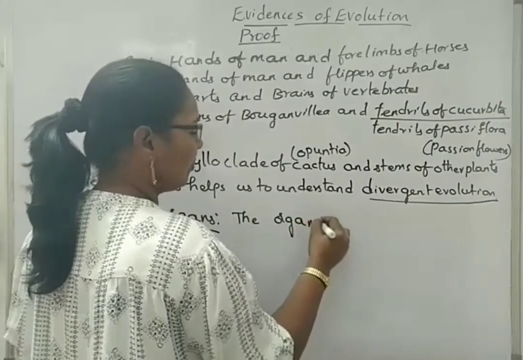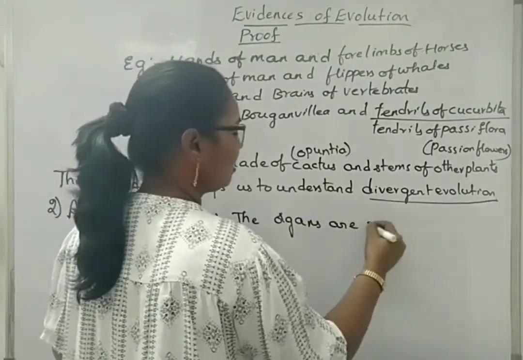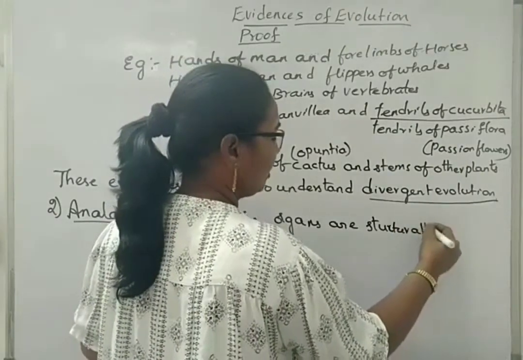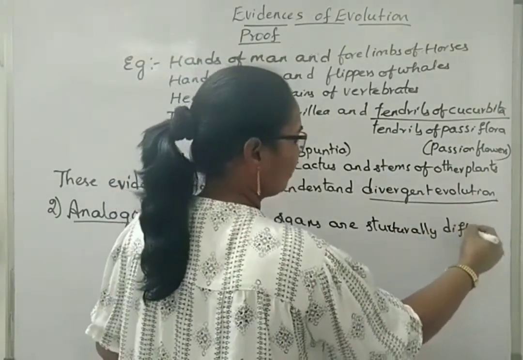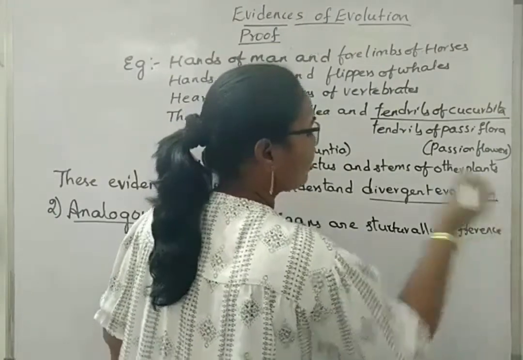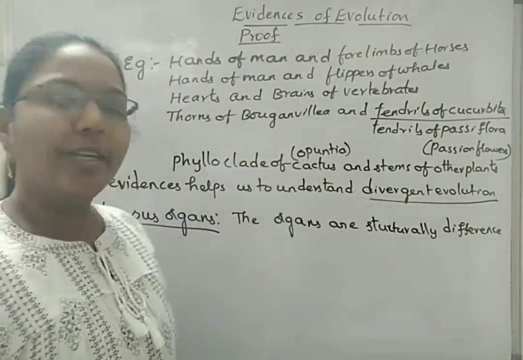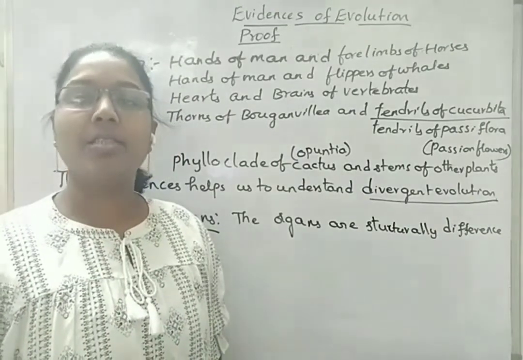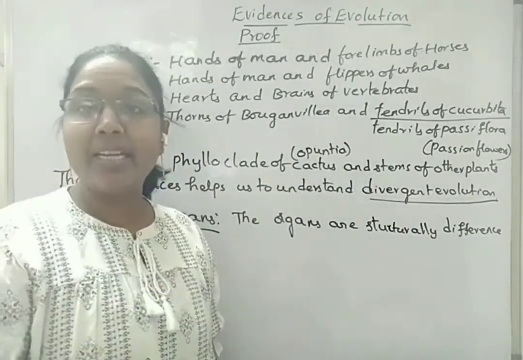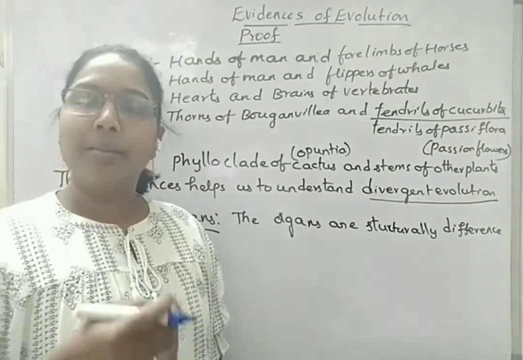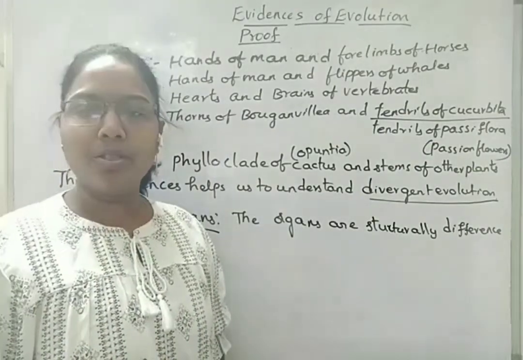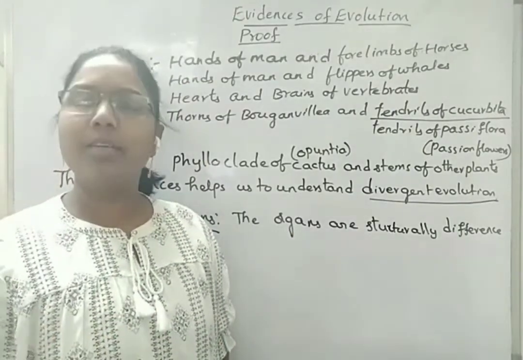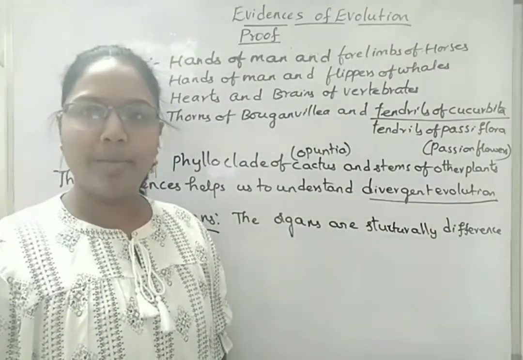The organs of the body are structurally different. This difference is because different organisms have developed different types of structures in different periods in the course of history. But finally, the use of all those organs is the same for them, wherever the organism may be.